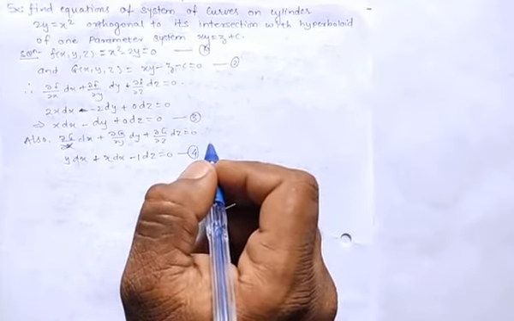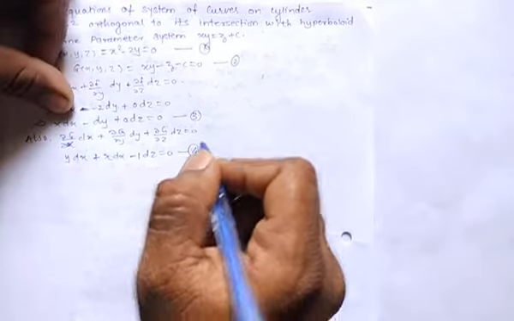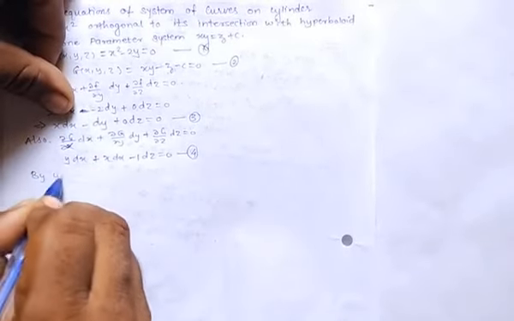Now by using Cramer's rule, solving equations 3 and 4, what will we get?